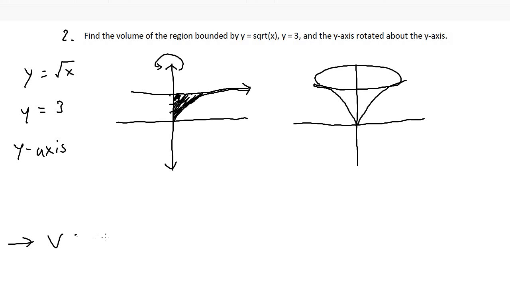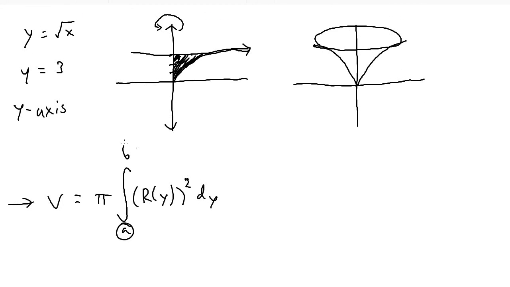The volume is equal to pi times the integral from a to b of the radius. This time we're rotating around the y-axis, so everything needs to be in terms of y. So we have r of y squared dy, and since we're putting everything in terms of y, we have to put y bounds as well.